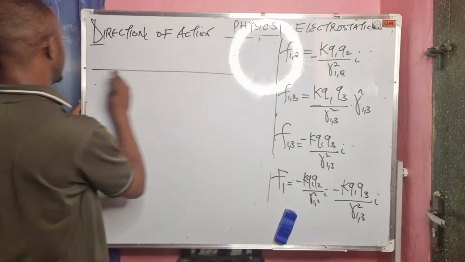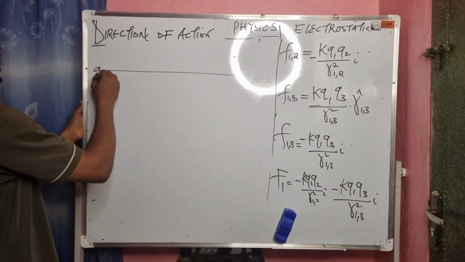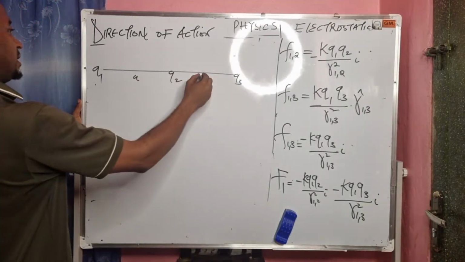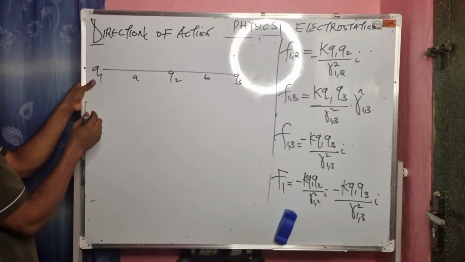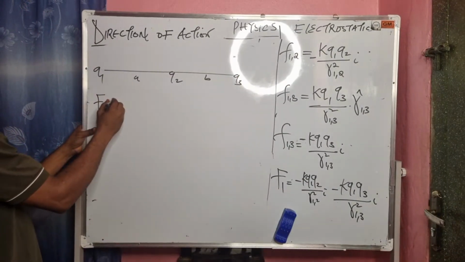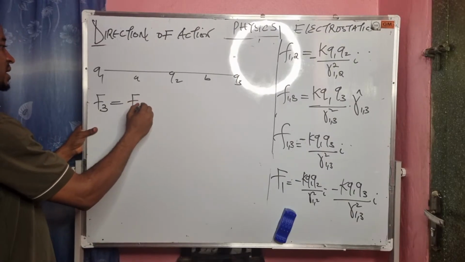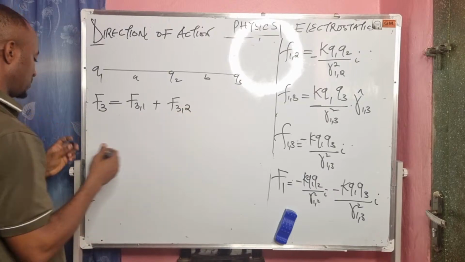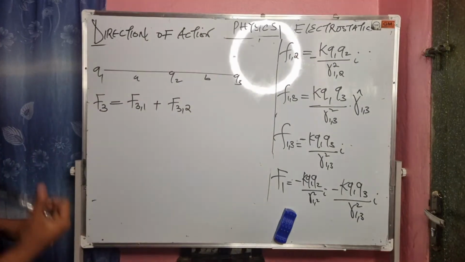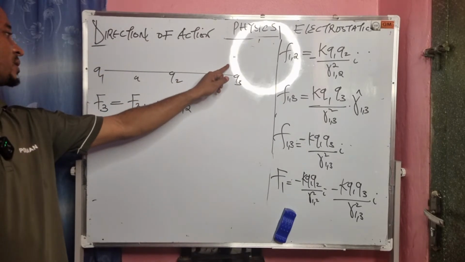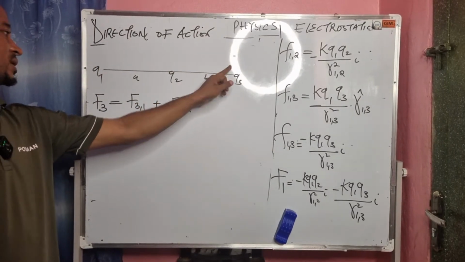Now the next one: we are dealing with three charges, Q1, Q2, and Q3. Here is A and here is B. To find the force on Q3, meaning F3, F3 is F31 plus F32, meaning from 1 to 3, then from 2 to 3.